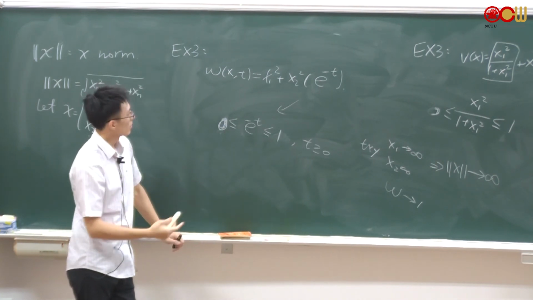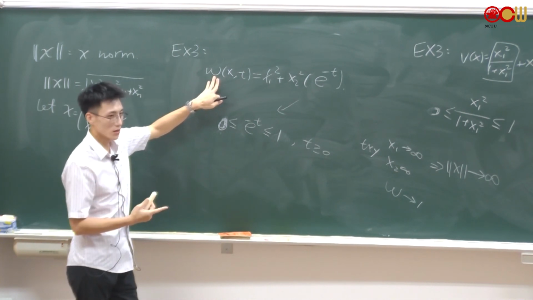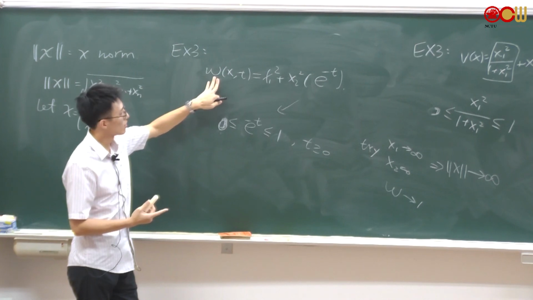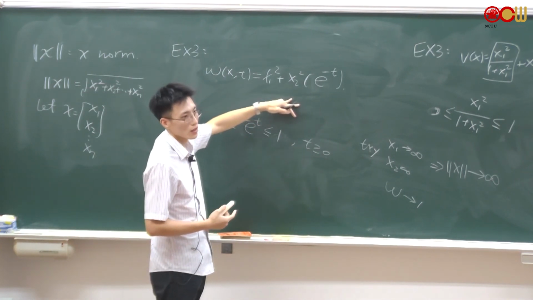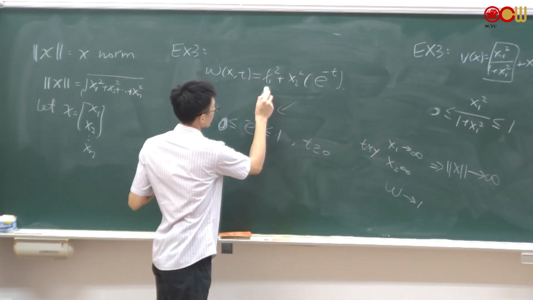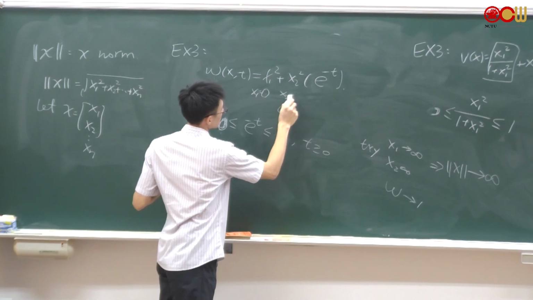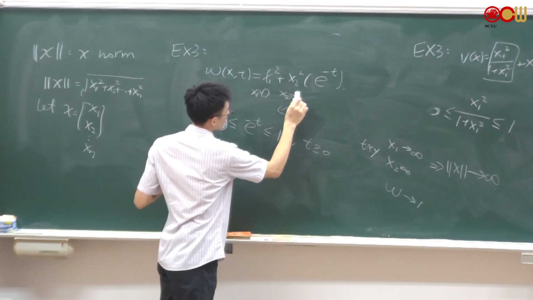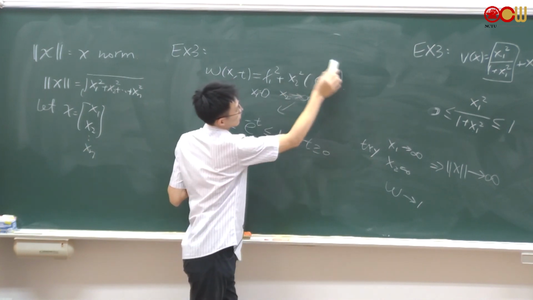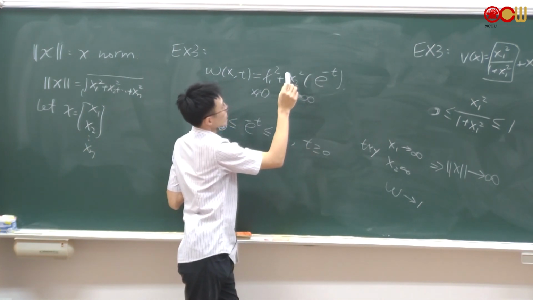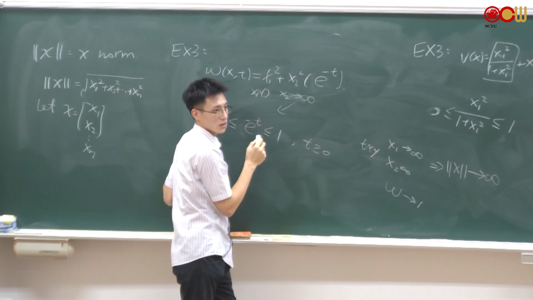It might prevent W from going to infinity as t goes to infinity, so you need to be careful. In this case, it's not radially unbounded. Like if x1 is 0, x2 is infinity, and as t goes to infinity, this term can be 0, and W will not go to infinity, so it's not radially unbounded, understand?